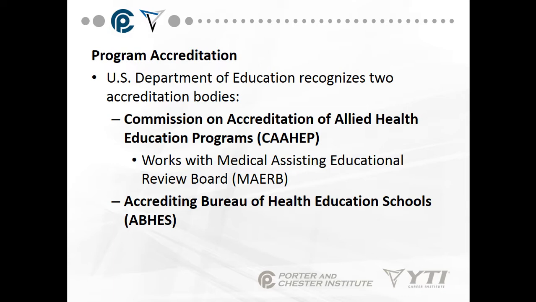And the second accrediting body is the Accrediting Bureau of Health Education Schools. We cannot teach programs and receive federal aid and funding and receive approval from the National Board Certification Societies to teach and certify our medical assistants if we are not first approved by CAAHEP and ABHES.